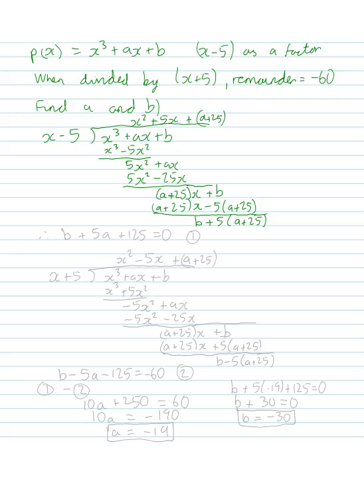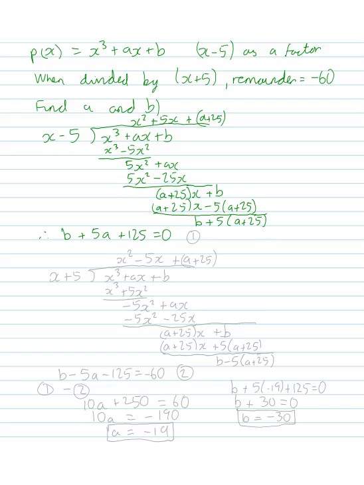However, what we know is that there is no remainder when they are divided, and therefore that tells us straight away that b plus 5a, I'm expanding now, plus 125 is equal to 0. Because if there's no remainder, because it's a factor, then the remainder must be 0 when that's divided out. So we've got our first equation, and I'm imagining that this is going to need to be done by simultaneous equations.